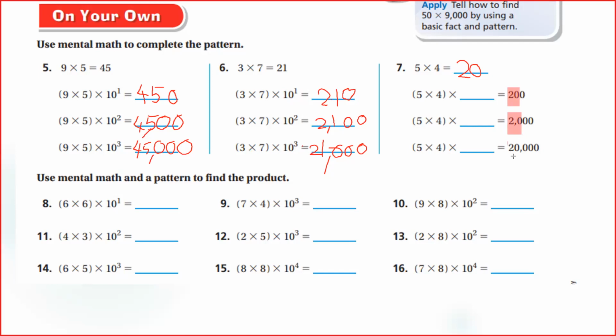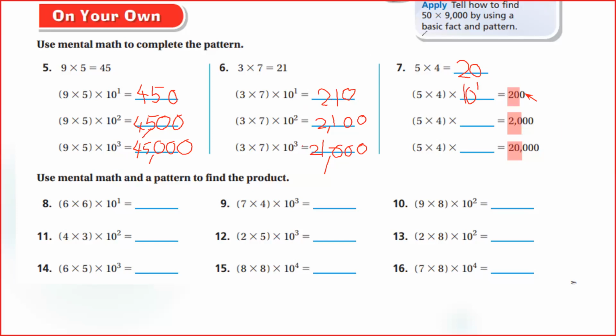If I remove this 20, this means I add only 1 zero. So here I added only 1 zero. So I have to write 10, and since I added 1 zero, it's 10 to the power of 1.